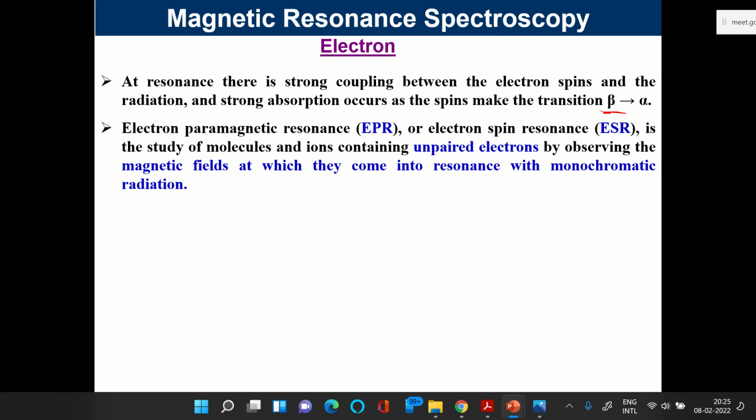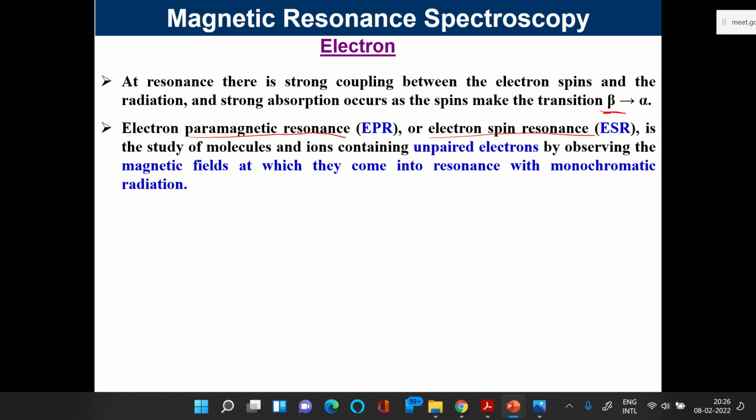So this is called electron paramagnetic resonance. You are achieving the condition for resonance, matching the frequency required for the electrons, that Larmor precessional frequency that we were talking about, and at that point absorption will occur.